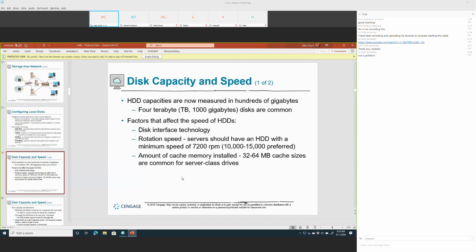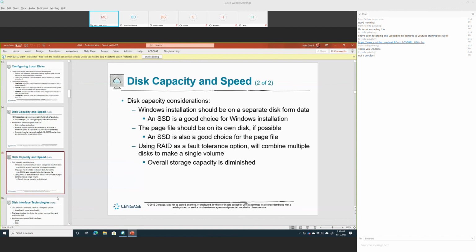Okay, so it's a good idea to research different types of drives and the different speeds, prices, and amounts of cache. I'll give you some idea why this drive is $50 versus another drive for $90 or so.